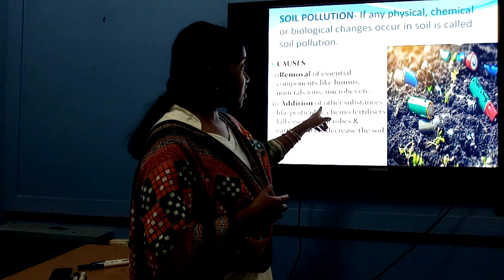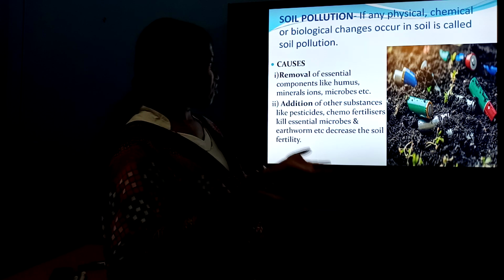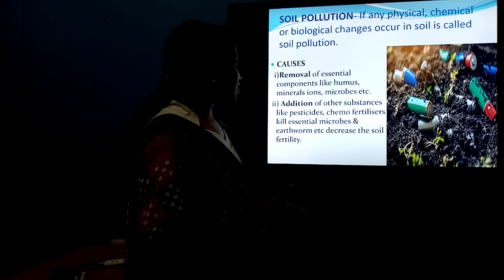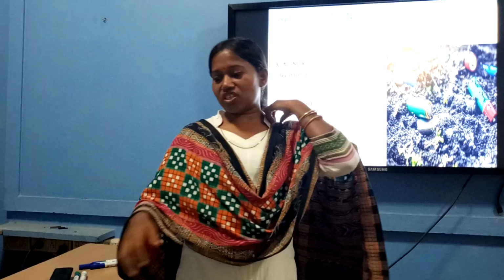Next is the addition of other substances like pesticides and chemical fertilizers that kill essential microbes and earthworms, and that also decreases the soil fertility.